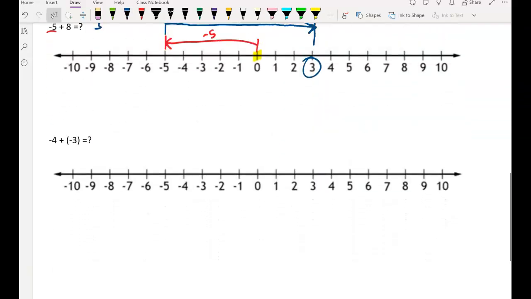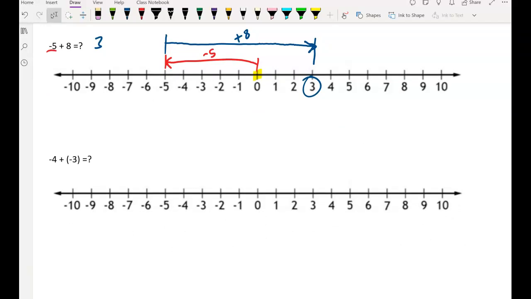Okay, let's look at this next one. Matter of fact, I think it's our last one. -4 plus -3. All right, well, remember, we always start at 0. Draw your number line first. I'm going to start at 0. So here I'm at 0. I'm going to go -4. So I'm going to go down to -4. Okay, and then from -4, oh, look at that, I'm adding -3.